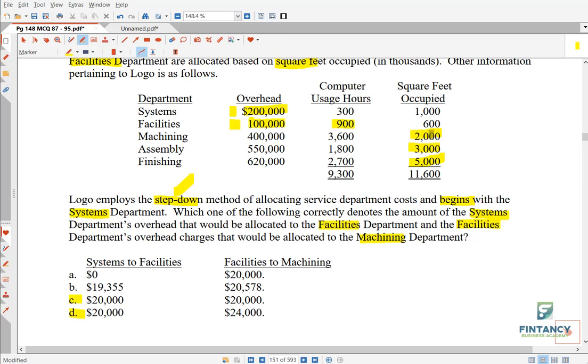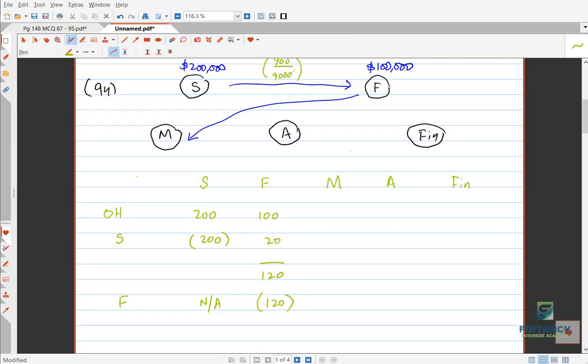So the ratio will be 2 divided by 10. 2 divided by 10 is how much? 20%, right? So how much is 20% of 120,000? 24. So 24 will go to machining.